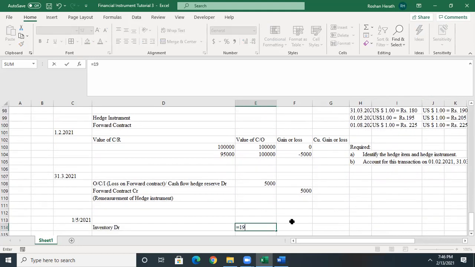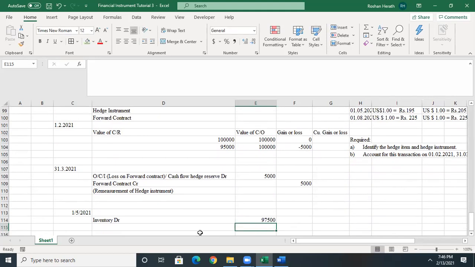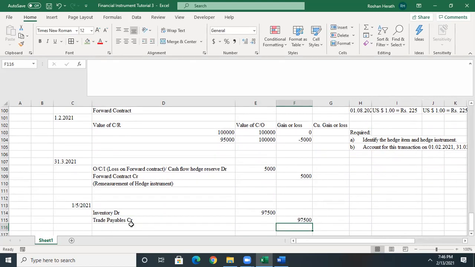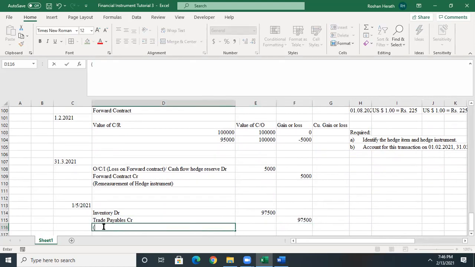It's 195 into 500. Take 97,500. Then you take the trade payable, the corresponding liability. The spot rate, you recognize it's about 500 into 195.